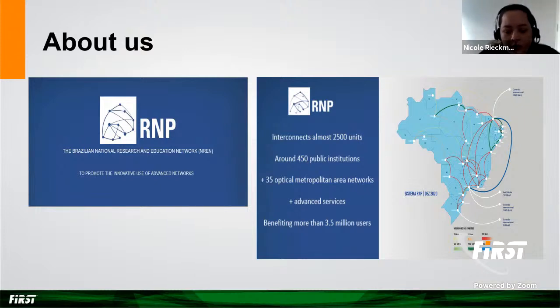Our backbone reaches all the 27 states of the Brazilian Federation, some with more capacity than others, but always in constant expansion. Part of our backbone already has traffic at 100 Gbps.